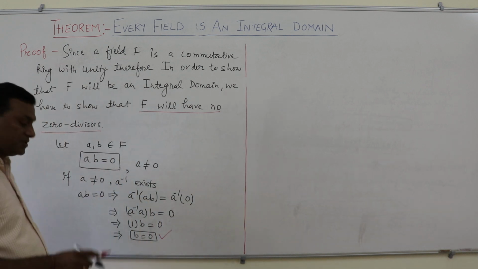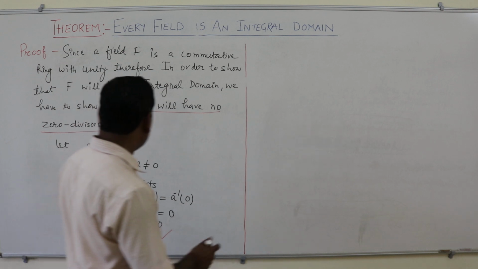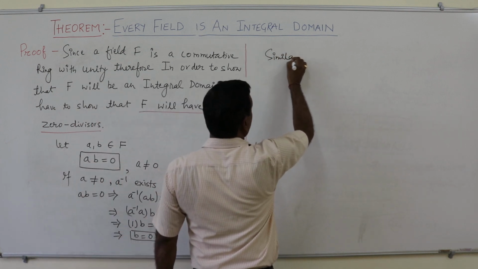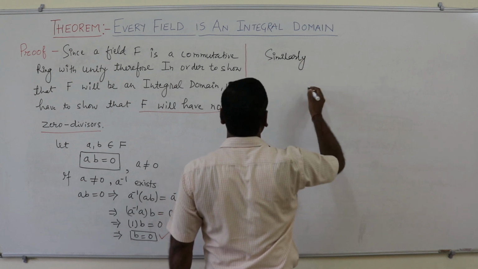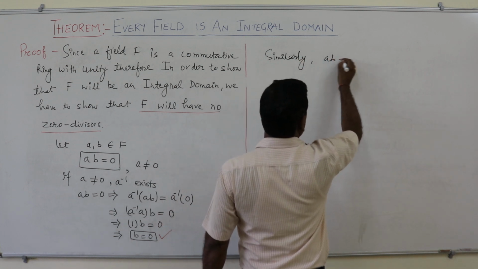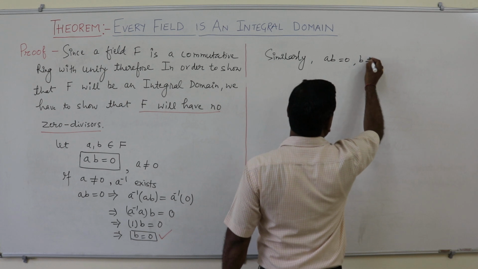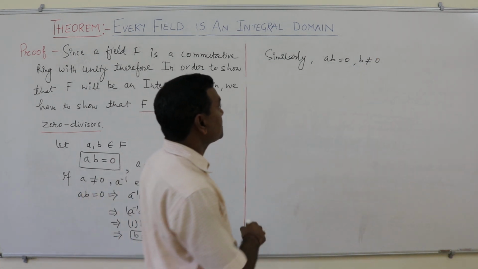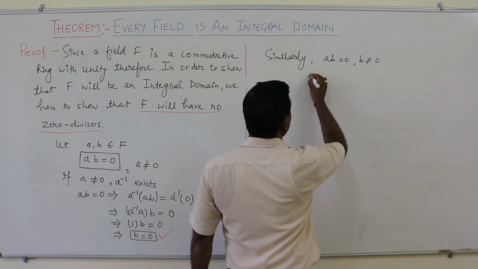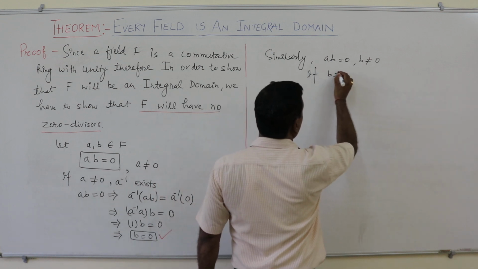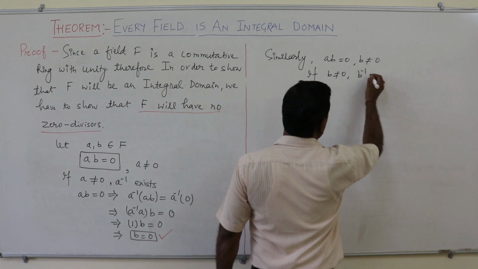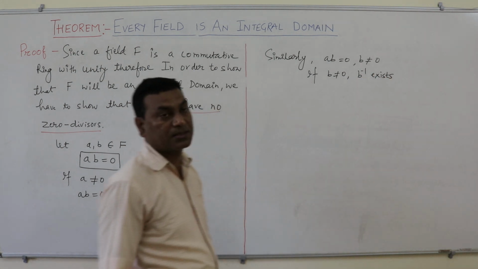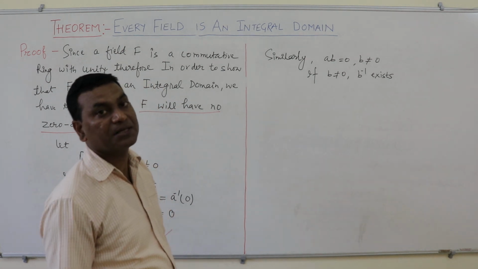B will be 0. Similarly, if AB equals 0 and B is not equal to 0, then B inverse exists.